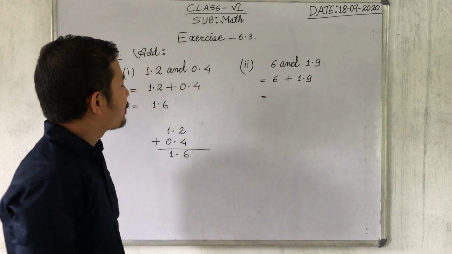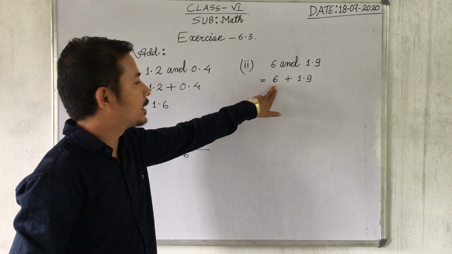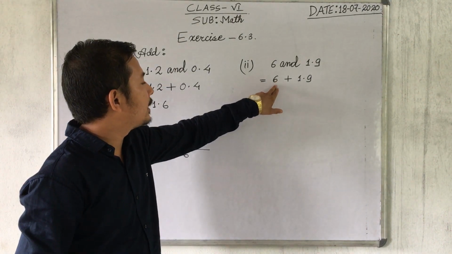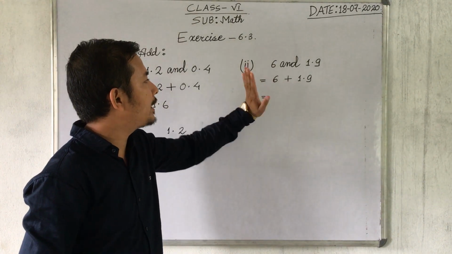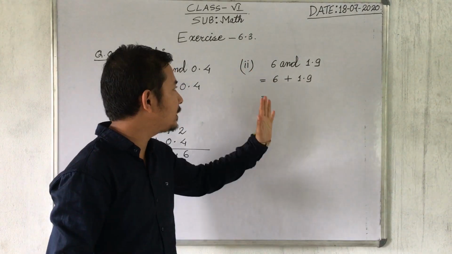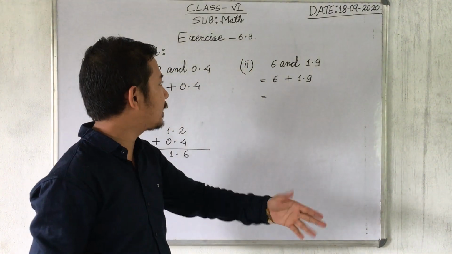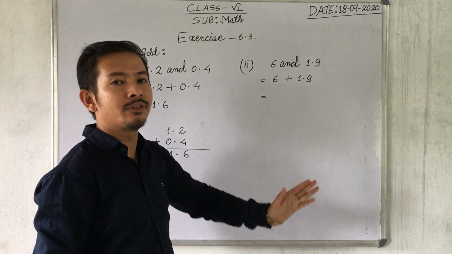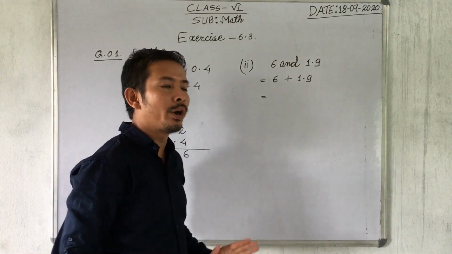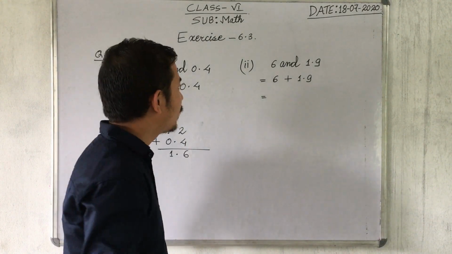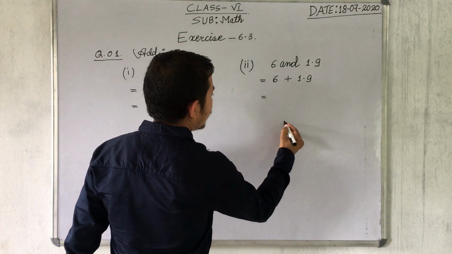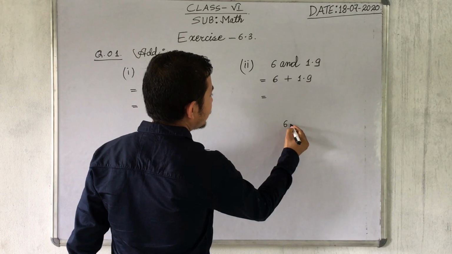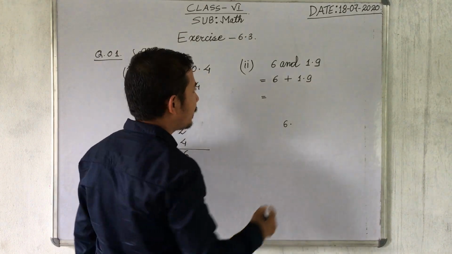Now look at here, 6 is a digit and in front of 6 there is no decimal point. That means we have to understand that this digit is in front of the decimal point. Understood? So that's why we have to write 6 and behind the 6 we can put a decimal, okay.